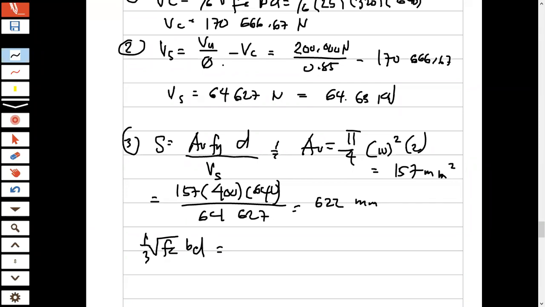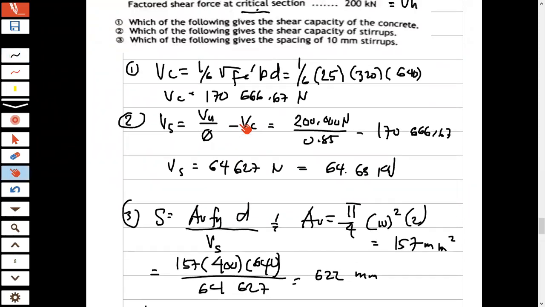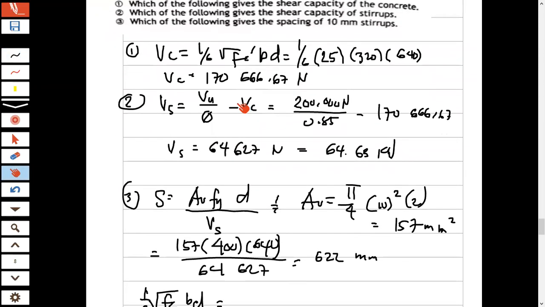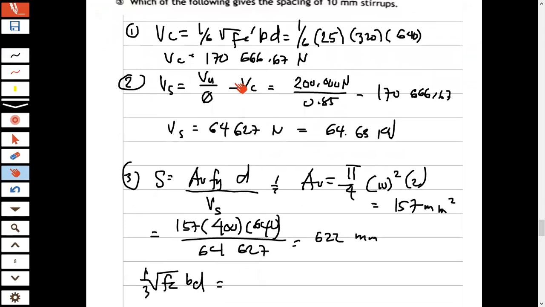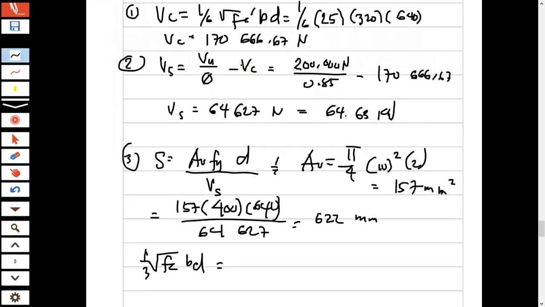How about let's check. 1/6 times 2 pala para maging 1/3. 170,666.67.